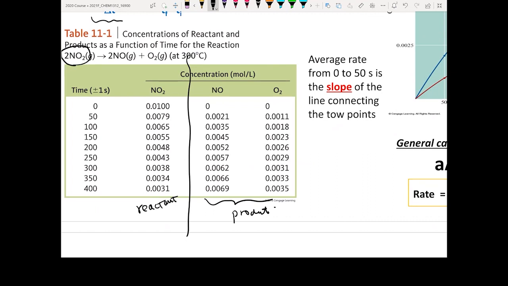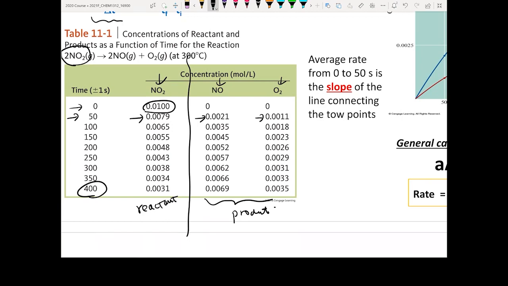Then I let the reaction go on, and I start to measure the concentration of this and this. At time 0, you only have your reactants, you don't have any product. After 50 seconds, you check again and determine the concentration of each species. Then you repeat this process until 400 seconds.